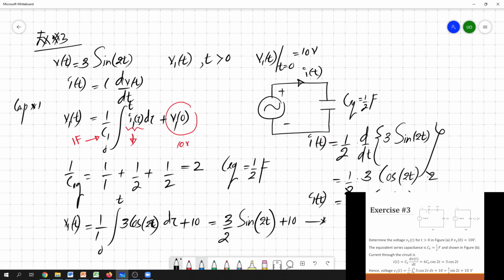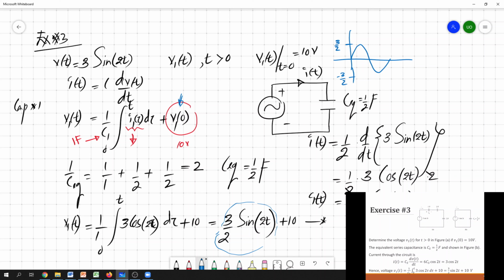Keep in mind, if you simply ignore this initial condition, your voltage across the capacitor would be just this. This never captures the exact voltage variation across the capacitor. For example, if you plot 3 sine, it is something like that: 3 over 2 here and minus 3 over 2 there.